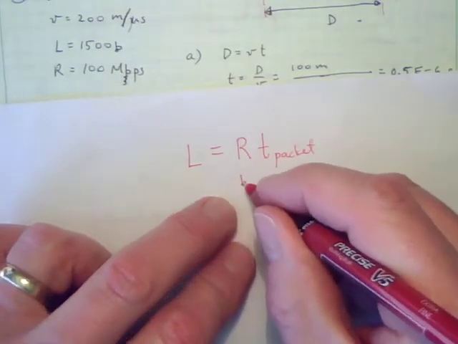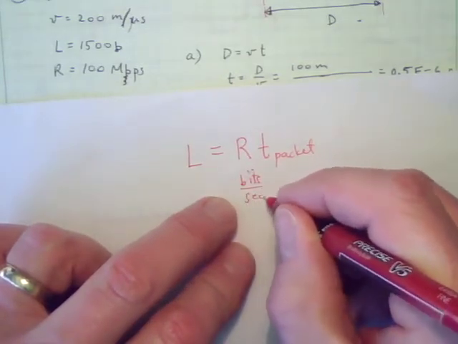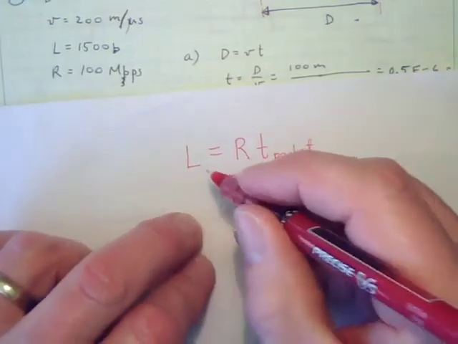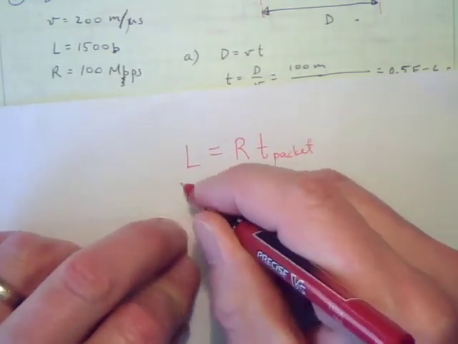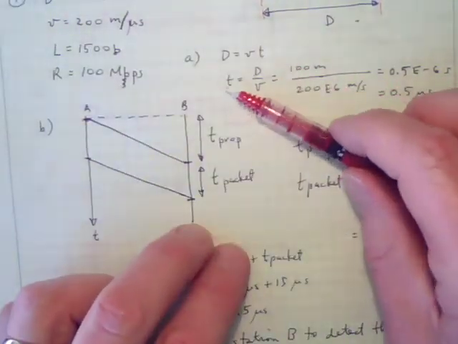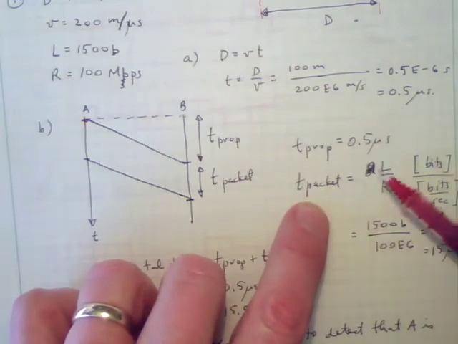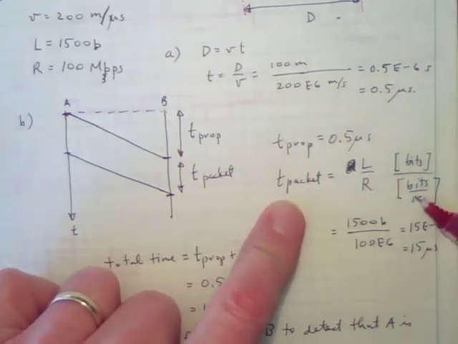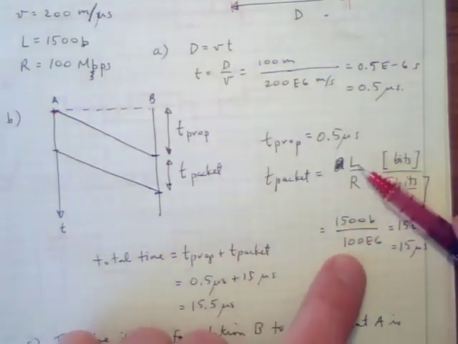The rate is in bits per second, t is in seconds, and L is in bits. So in exactly the same way we can solve for t to get d over v, we can solve for t to get L over R. Here I'm showing how the units work out, and I just plug in L and R.